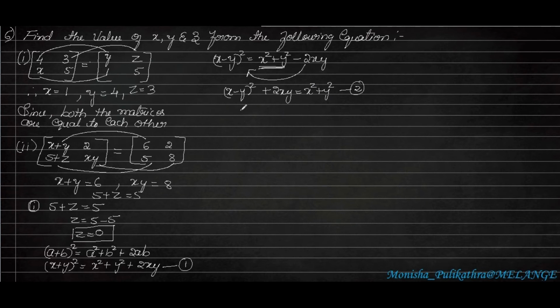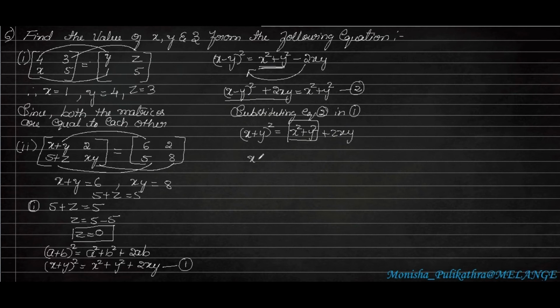So now I will be substituting equation 2 in 1. So what is equation 1? Equation 1 is x plus y whole square is equal to x square plus y square plus 2xy, right? So in this x square plus y square is there. Instead of this x square plus y square, I will be substituting this value.